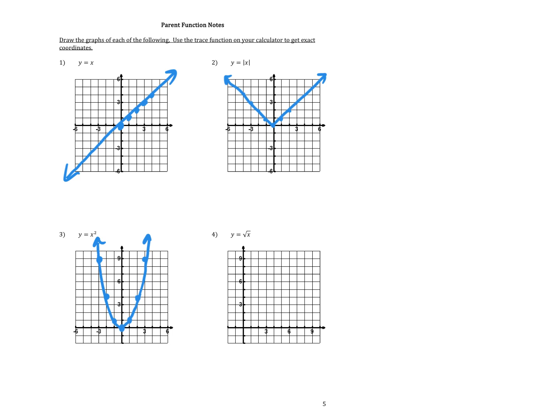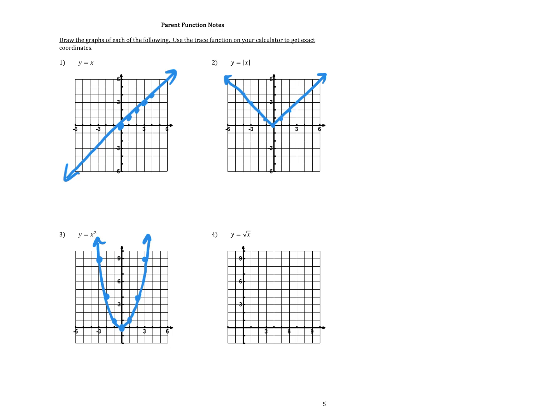As we look ahead at square root of x, when I go graph square root of x, I'm going to have a lot of ugly points when I do trace. Let's pick some x values that make it prettier for us. Can I have the square root of 0? Let's see. Trace 0, enter.